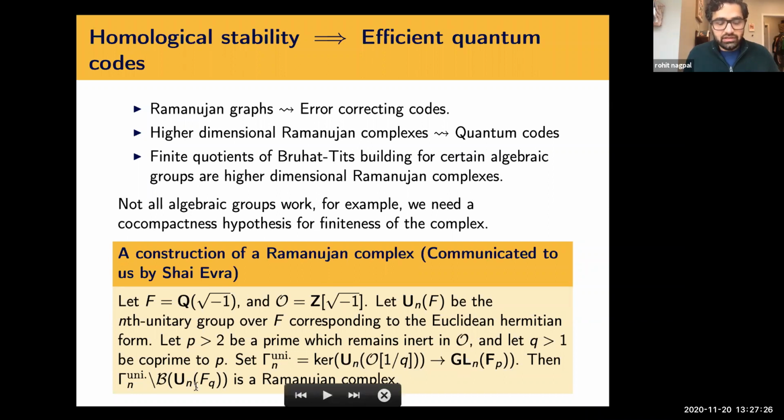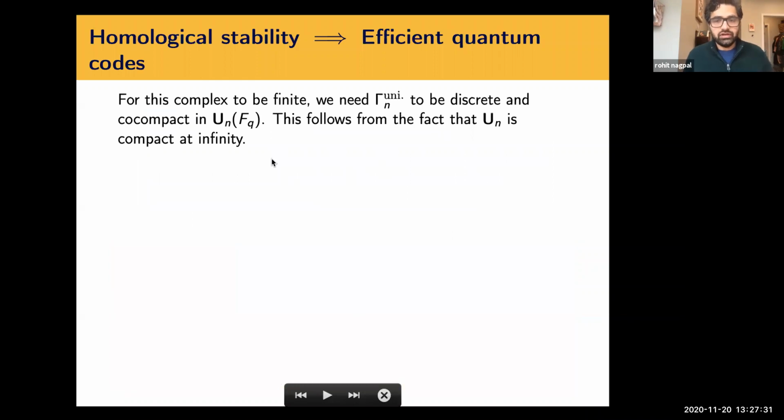We want this to be co-compact inside U_n(F_q). I think this follows from the fact that U_n is compact at infinity in the theory of algebraic groups. So that's one of the reasons why we have to stick to some special groups, and we can't just work with the general linear group, right?